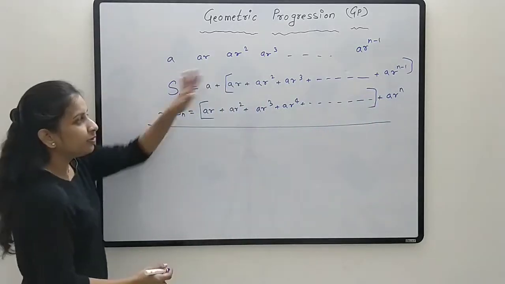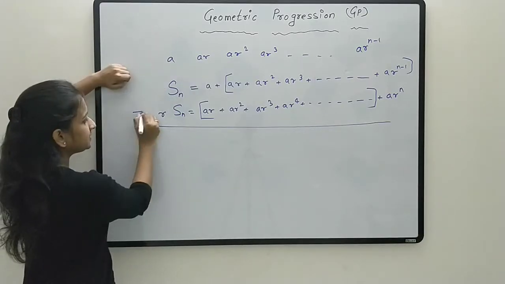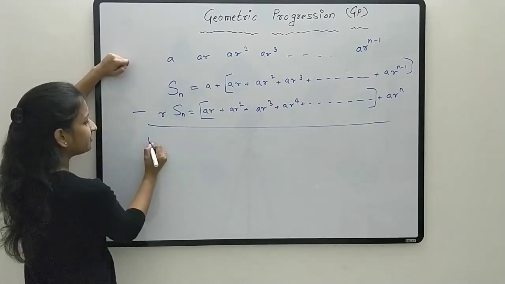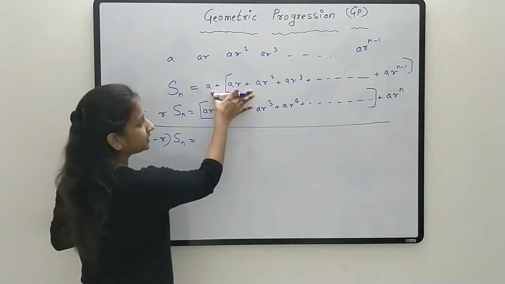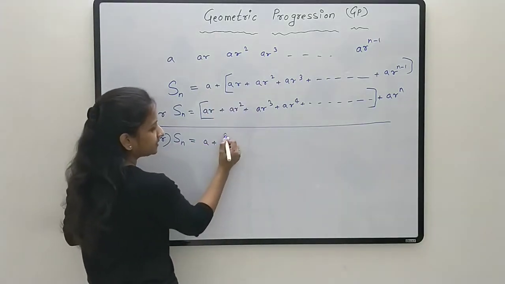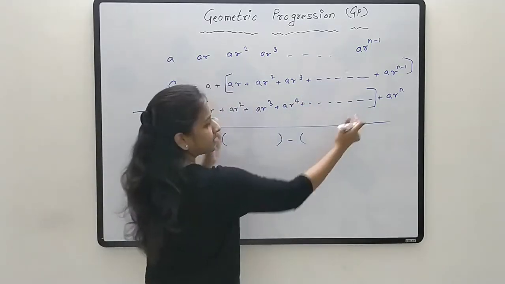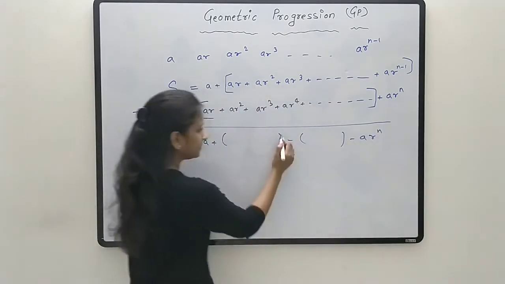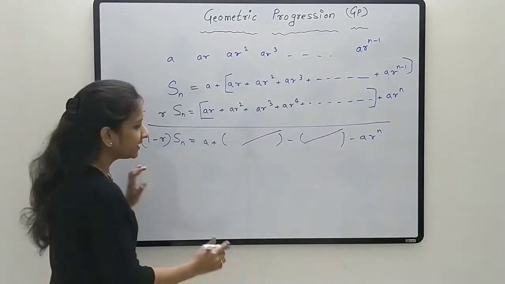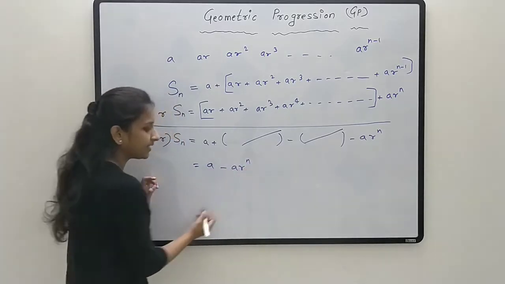Now, to eliminate these terms, let's subtract this equation minus this equation. So, what will we get? 1 minus R into Sn, right? Then, this minus this. A plus some numbers, all these numbers, minus the same numbers again, minus A r raised to n. This and this bracket get cancelled, right? So, we are left with A minus A r power n.